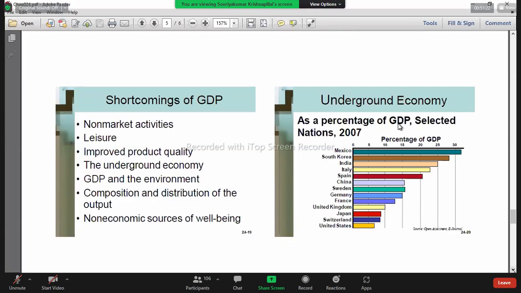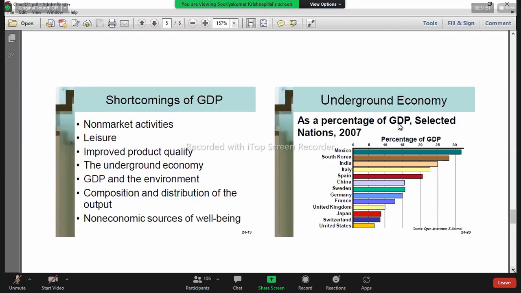Over the years product quality has increased, but the total amount produced may be the same. So we didn't consider quality in calculating GDP.